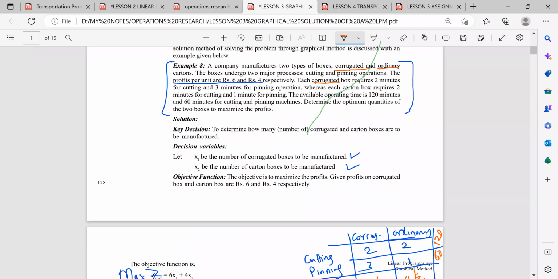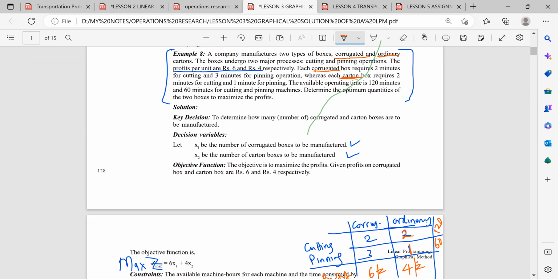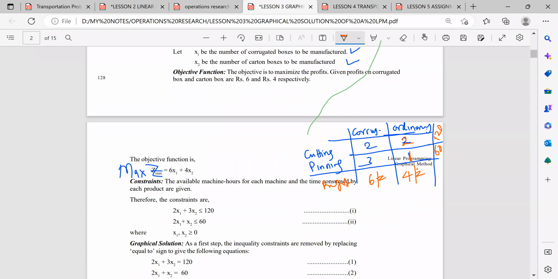Each ordinary box requires 2 minutes for cutting and 1 minute for pinning, yes. Then total available time for cutting is 120, and for pinning is 60. That means you might be having the wrong information here.